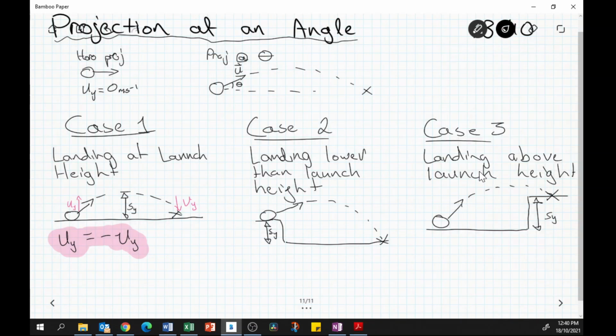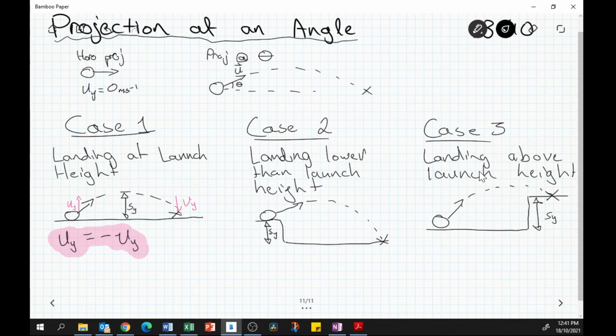Now, again, that's only relative to where we're talking about. If we're talking about the final velocity as being the point where we're at the maximum displacement, that's not the case. Vy is 0. Okay? This is only the case when we're talking about this and this. The initial velocity in the positive direction is exactly the same as the final velocity in the negative direction. Okay?